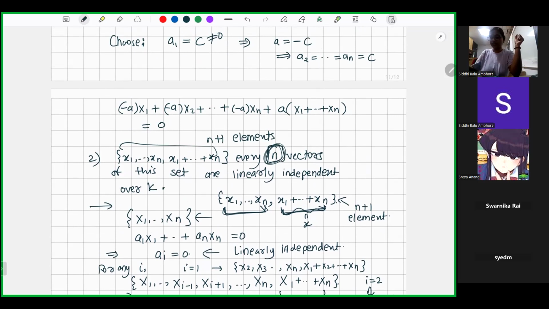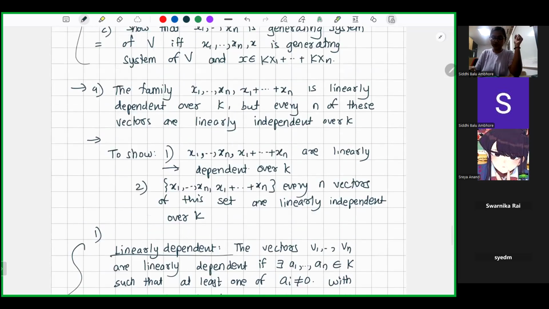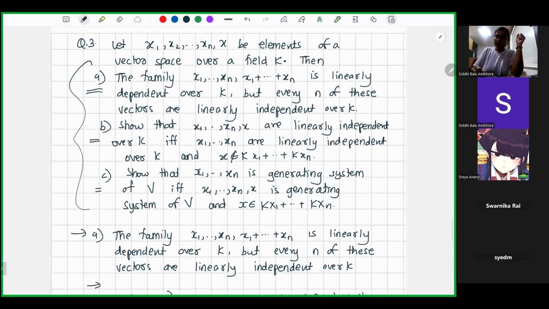If you see the question, the family is x1 up to xn, and x1 plus x2 plus ... plus xn, and then this element here. There are n elements here, these n elements.